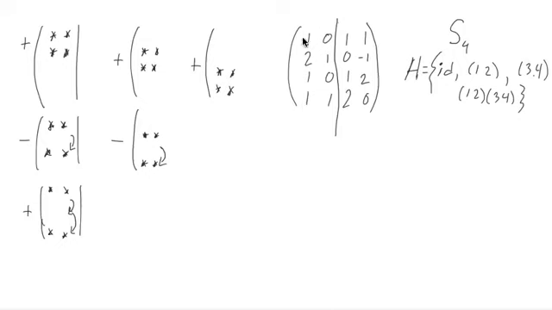The subgroup that keeps these first two columns in this position could be represented using cycle notation. These can switch, those can switch, or you can switch both, or you can just do nothing. And this would keep this one over here.